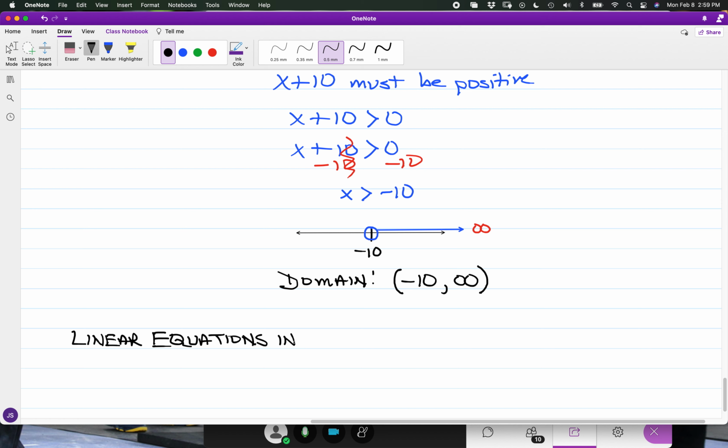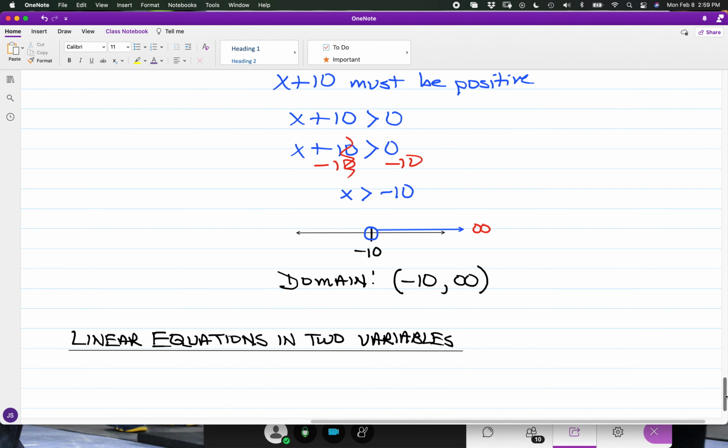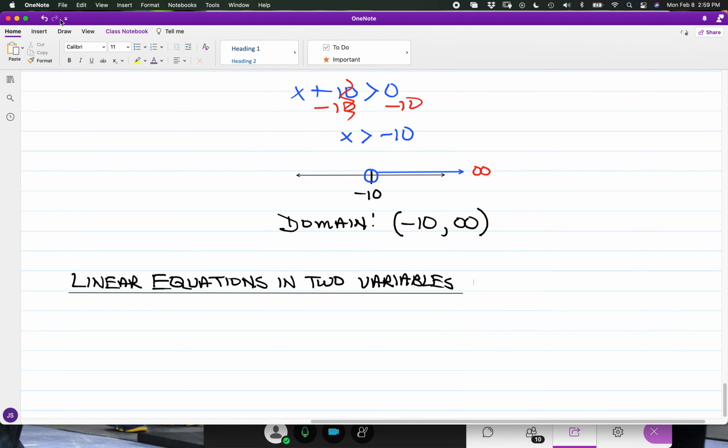And we'll be looking at various types of equations in two variables. And one of the key foundations that we have for linear equations in two variables, such as x and y, is slope.